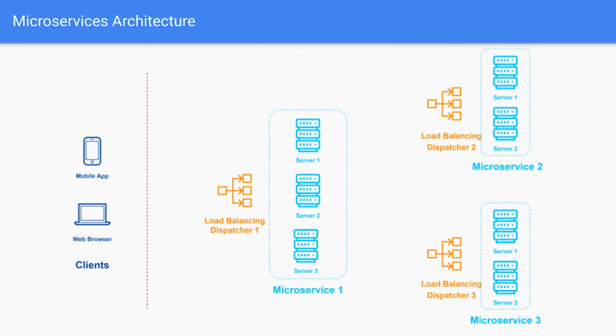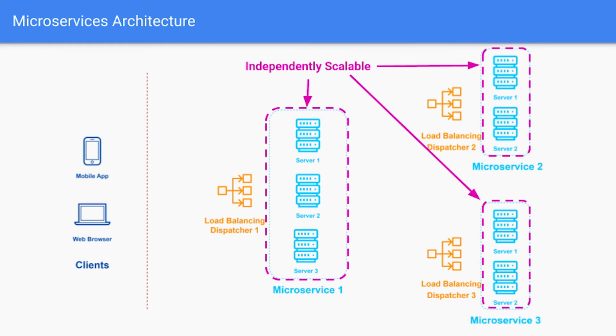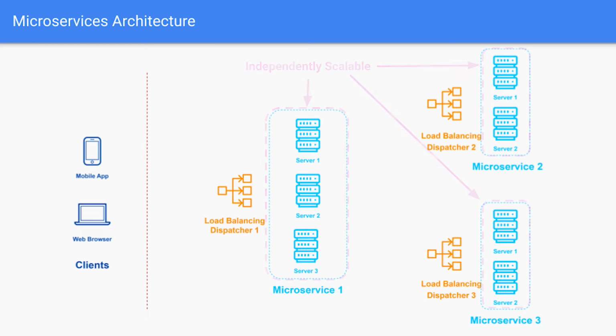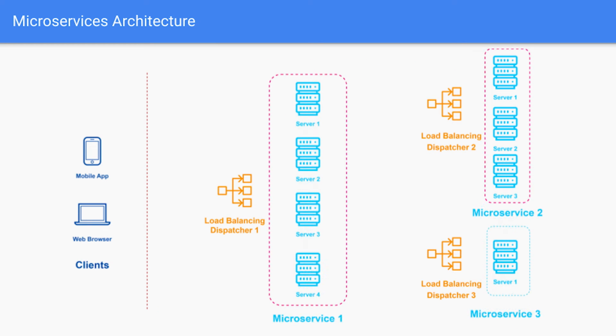This way, we can scale each service completely independently, depending on the traffic and the workload of that service. For example, if Service 1 and Service 2 get a lot of requests, we can scale them up and place more workers behind their load balancing dispatchers. But if Service 3 doesn't get that much traffic, then we can scale it down, which will help us save money.